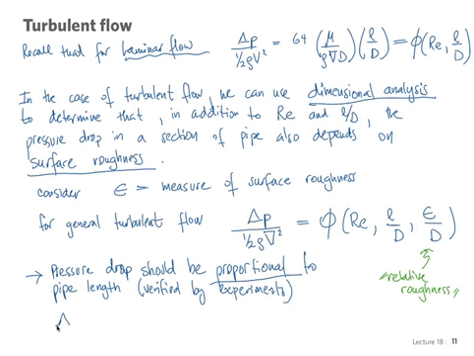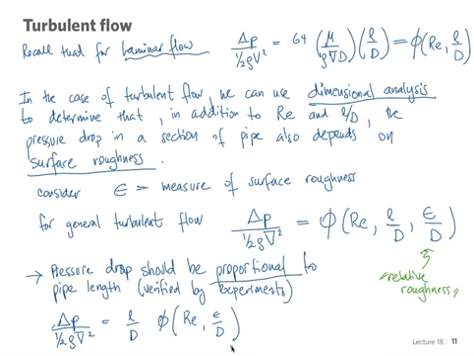Then we would have delta P over 1/2 rho v squared equal to L over D times some unknown function, psi, of Reynolds number and epsilon over D, the relative roughness.